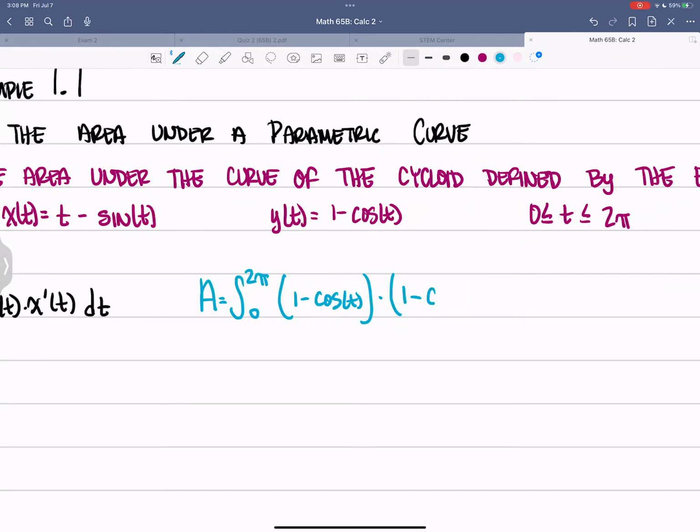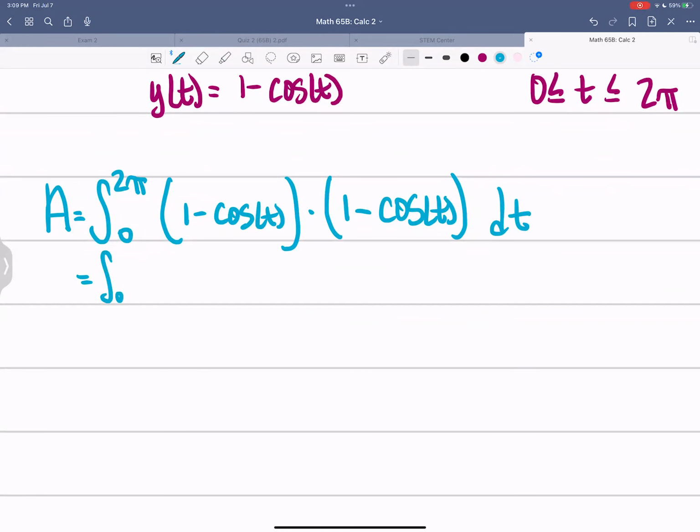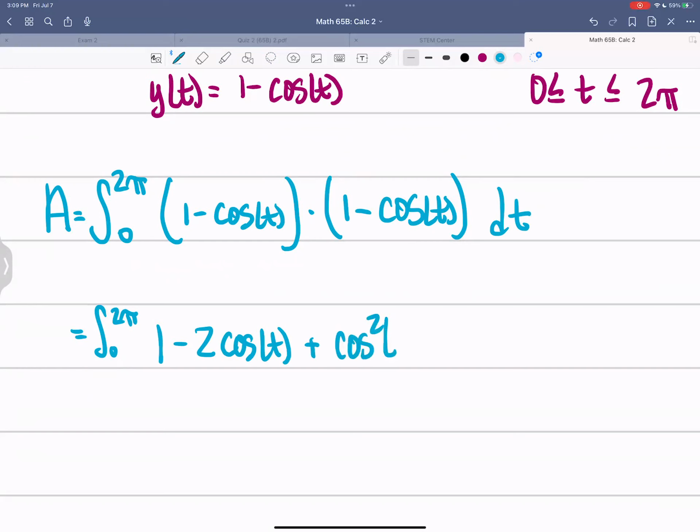Super simple, dt. And let's expand this. So from 0 to 2 pi. Give myself more room. So expanding that, we have 1 minus 2 cosine t plus cosine squared t dt.